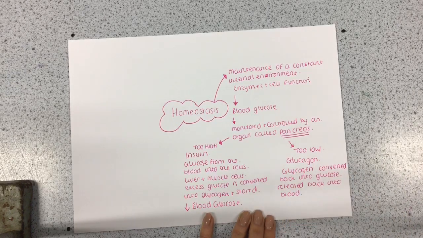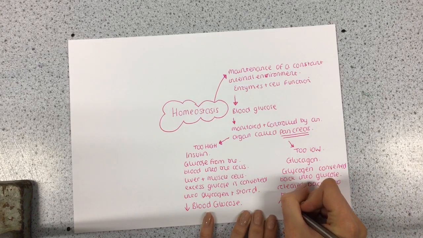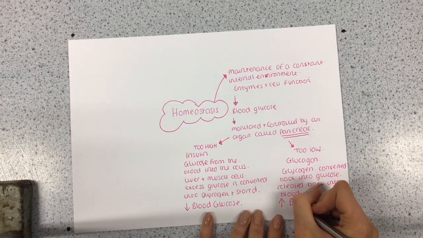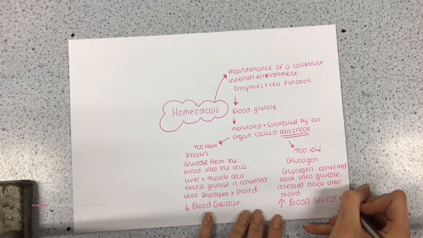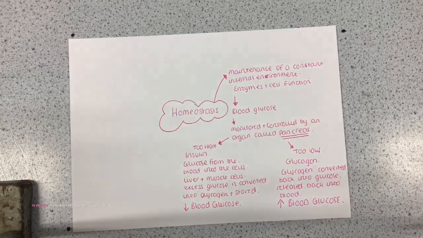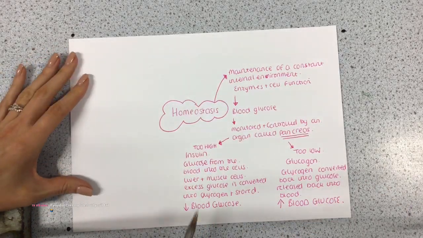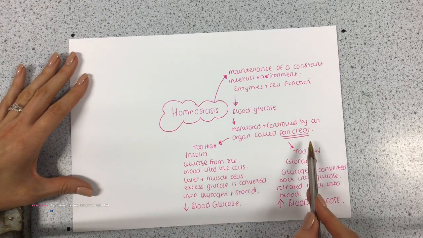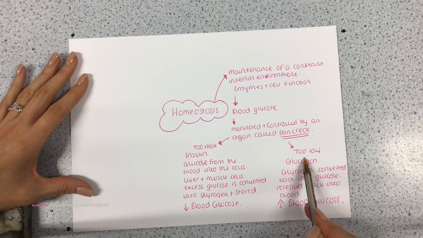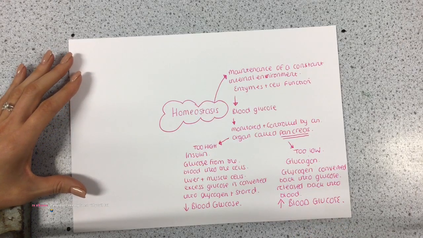Obviously when it's back in the blood, the whole reason is to increase our blood glucose levels. Okay, so that's all we need to know: what happens when it gets too high, the hormone and what it does, and the same again when it gets too low, the name of the hormone and what it does.